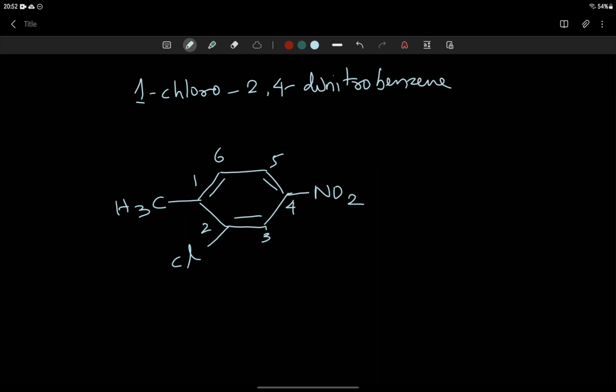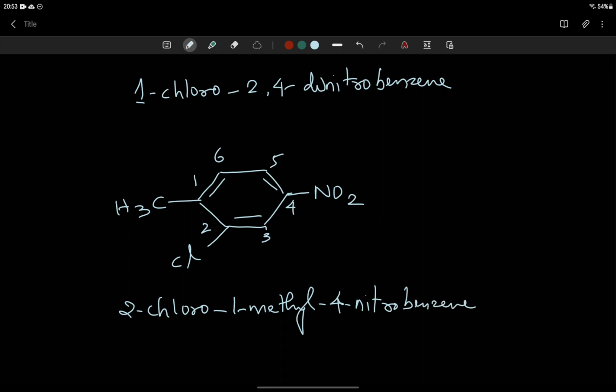So first of all we have 3 substituents attached: chloro, methyl and nitro. Chloro will be written first, then methyl, then nitro. So 2-chloro-1-methyl-4-nitrobenzene.